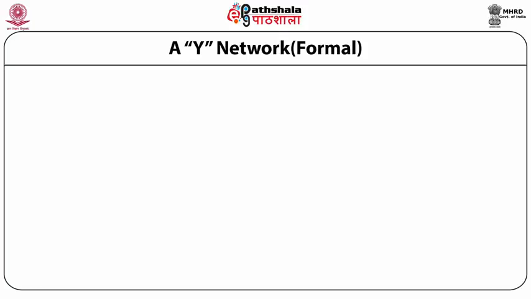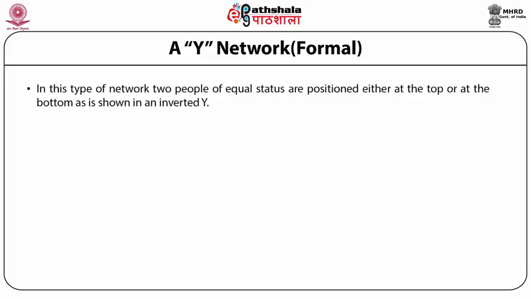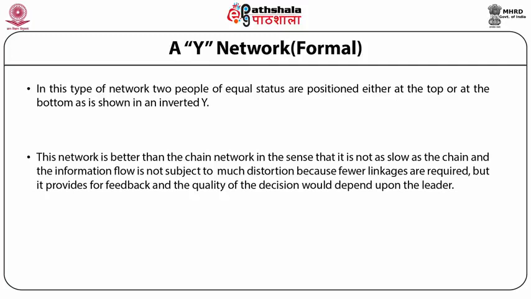Another type of formal network is also called a Y network. In this type of network, two people of equal status are positioned either at the top or at the bottom as shown in an inverted Y. Now, this network is better than the chain network in the sense that it is not as slow as the chain and the information flow is not subject to much distortion because fewer linkages are required, but it provides for feedback and the quality of the decision would depend upon the leader.